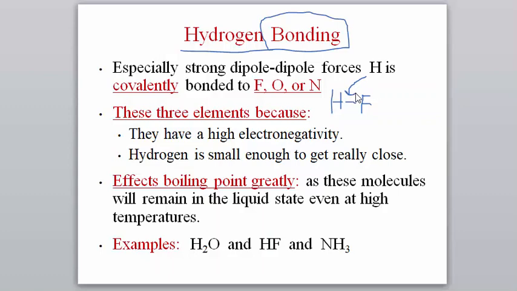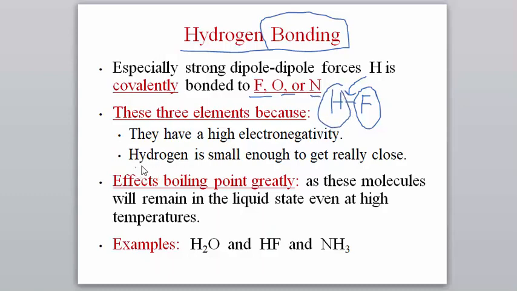We're talking about an intermolecular force that's basically dipole-dipole, positive end of one, negative end of the other, but because of the high electronegativity of these fluorine, oxygen, or nitrogen atoms, you have a very strong attraction for the positive hydrogen.